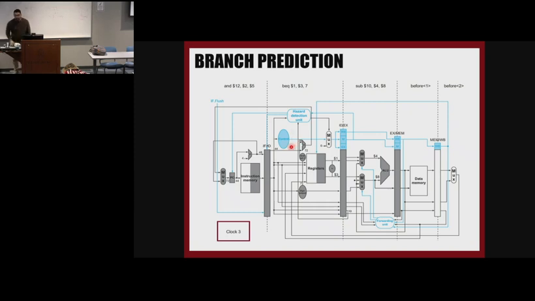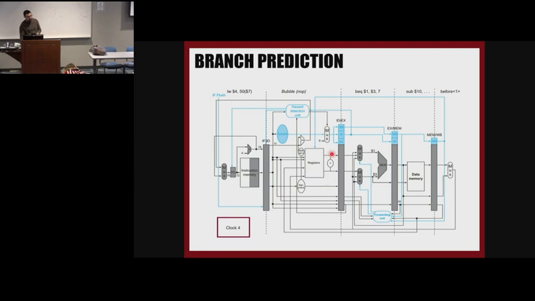But in this case, let's say that it was a wrong prediction. We want to see what's going to happen in the pipeline. Let's say the branch predictor said, okay, take the next instruction, but when we get to this part, by comparing the registers, we notice that that was a wrong prediction. So now what should we do next clock? In the next clock, you immediately change this to a bubble, a no operation, by setting the control signals to 0.